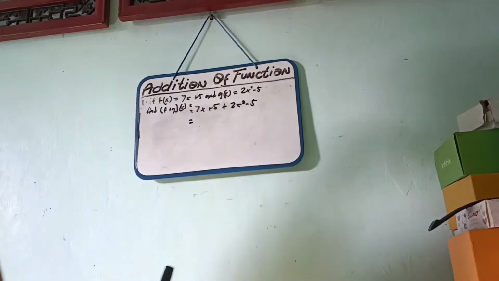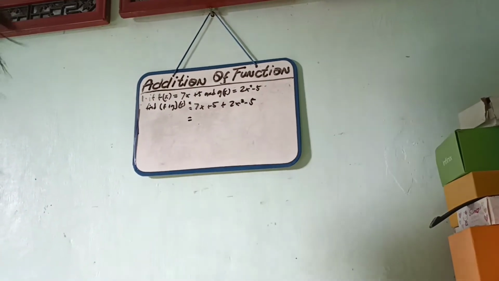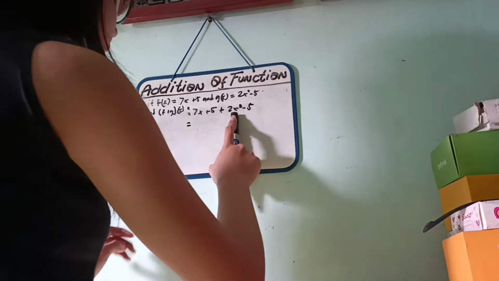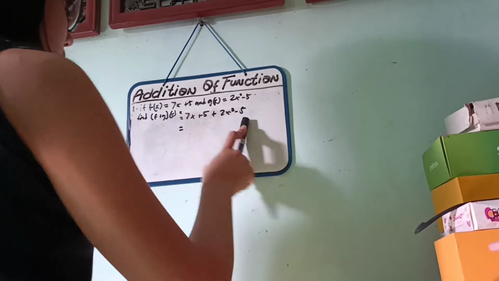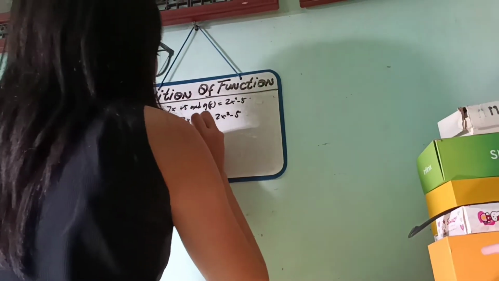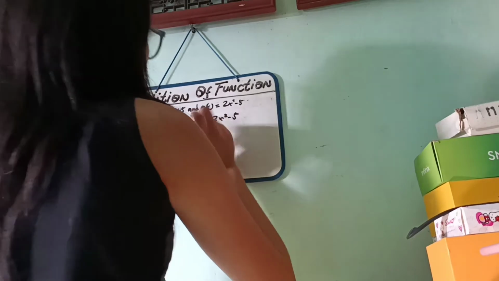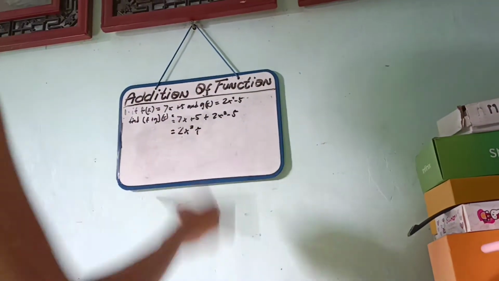So, combine like terms. There are none. So, x squared has no like term. This one is 2x squared plus 7x.